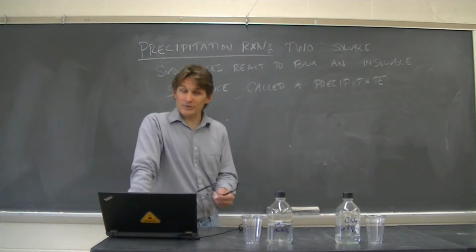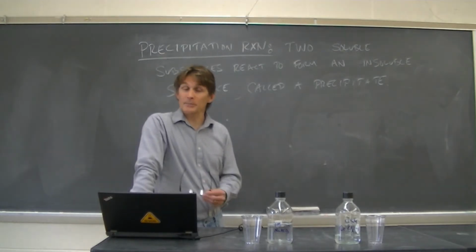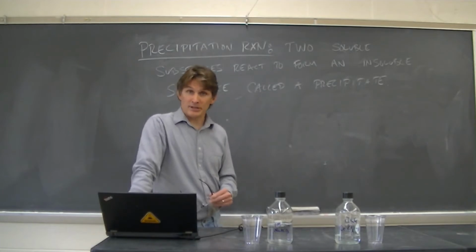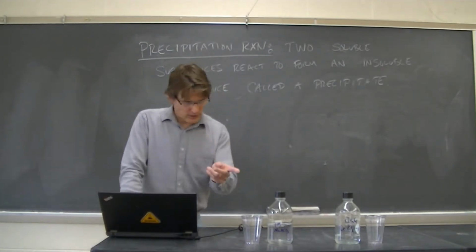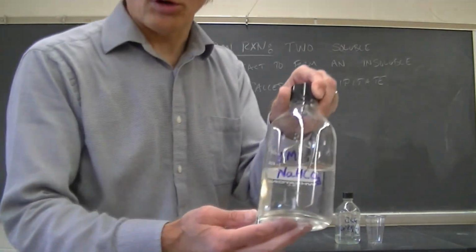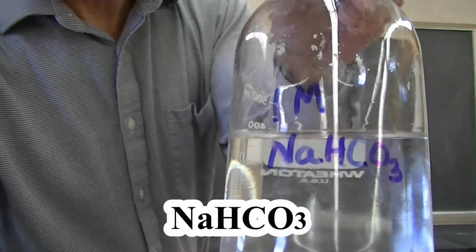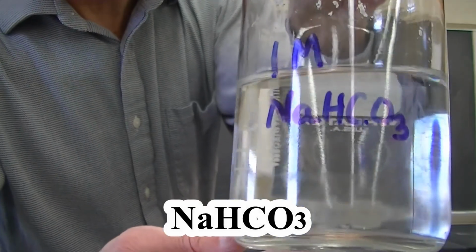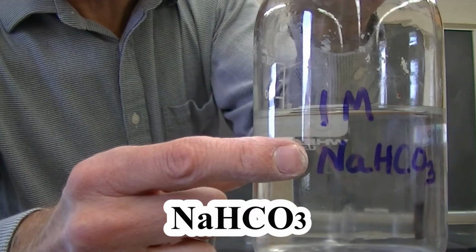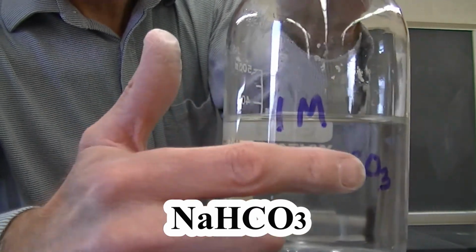As you can probably imagine, your solubility rules are going to be pretty important in determining what's going to go on in a precipitation reaction. And what I have here are 2 compounds dissolved in water. This one happens to be, I hope you can see that, sodium hydrogen carbonate. It's a soluble substance. We know that from the presence of the sodium ion in the compound.